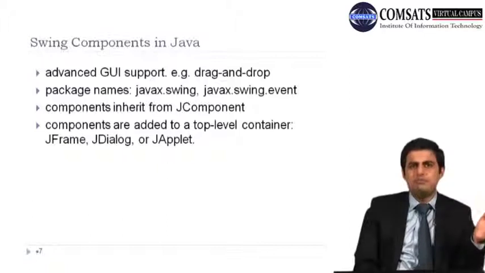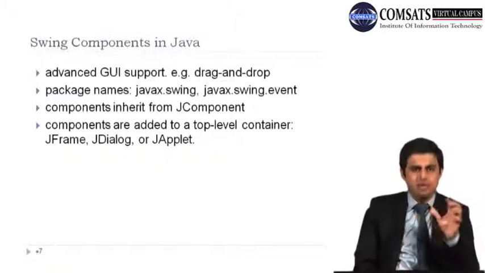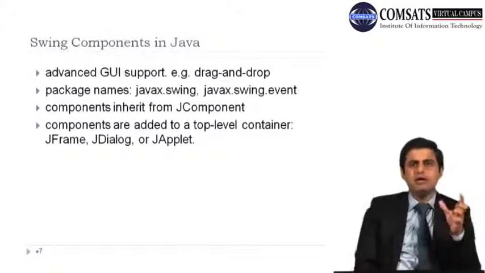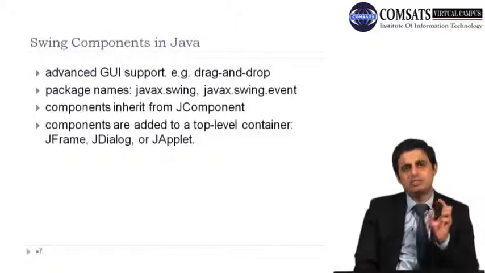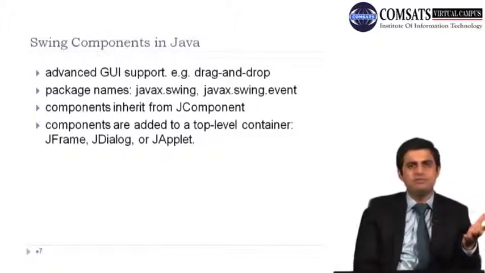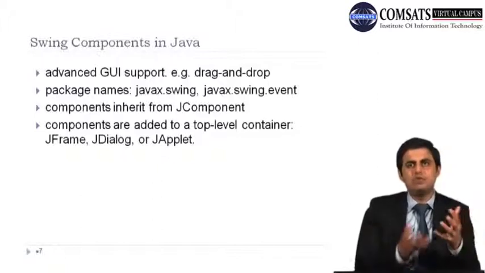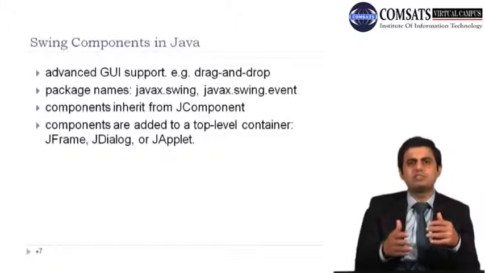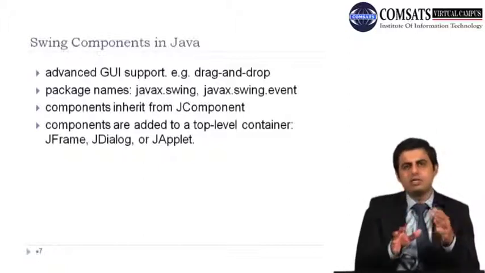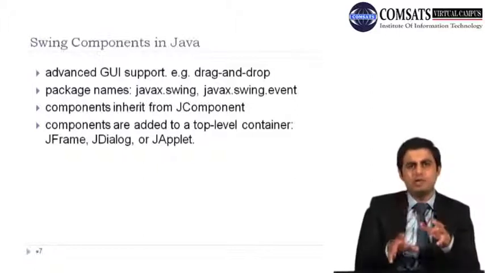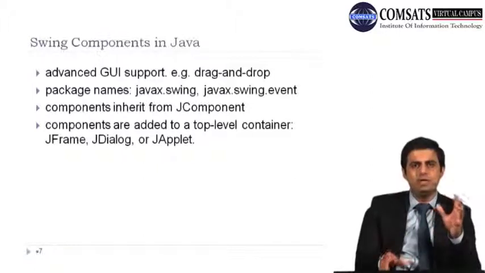So you simply drag them and drop them in the edit area or in the text area, and it will automatically create the code behind those features. For example, if you put a button, then it will create the basic code of the button, and then it will allow you to put some events behind it, like if the button is pressed in a certain way, what kind of functionality it will perform.